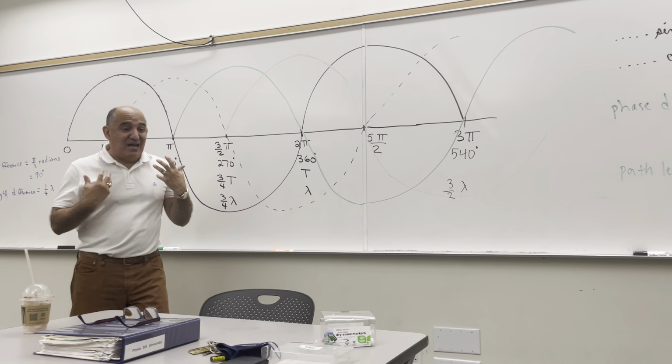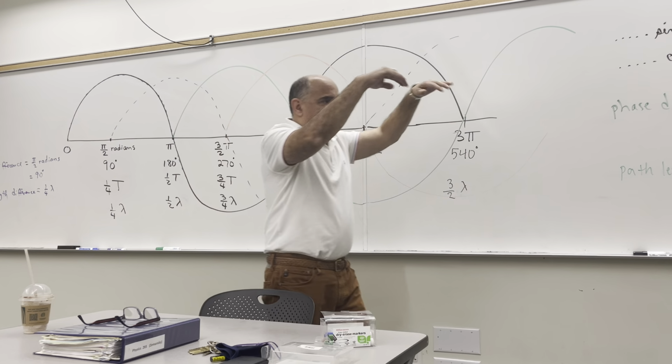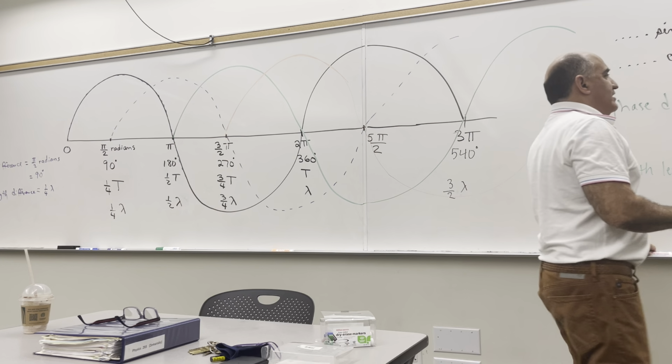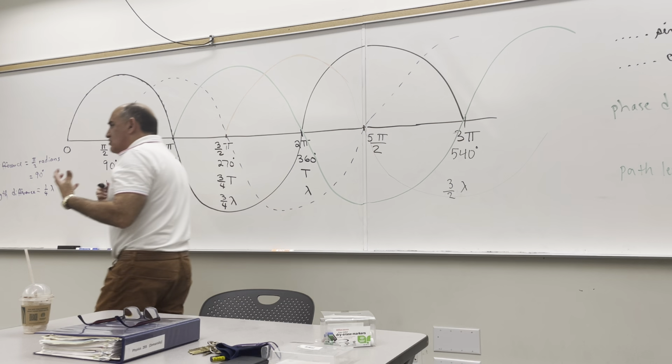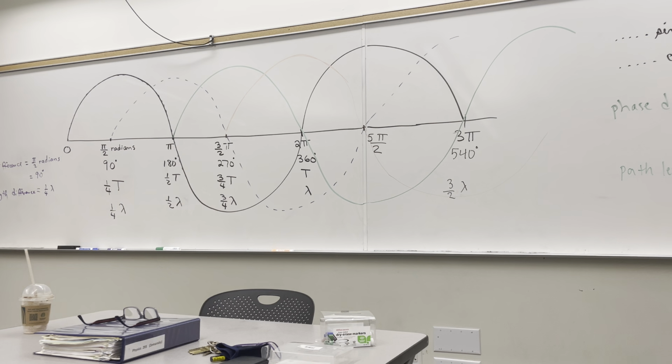And so if I ask you for two waves that are traveling in space and interfere at some point, what should be the condition for constructive interference? If I want to write a condition for constructive interference, that means maximum, bright.